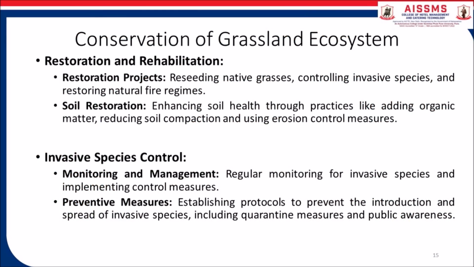Various restoration projects rehabilitate degraded grassland systems, including reseeding native grass, controlling invasive species, and restoring natural fire regimes. Soil restoration enhances soil health through practices like adding organic matter, reducing soil compaction, and using erosion control measures.